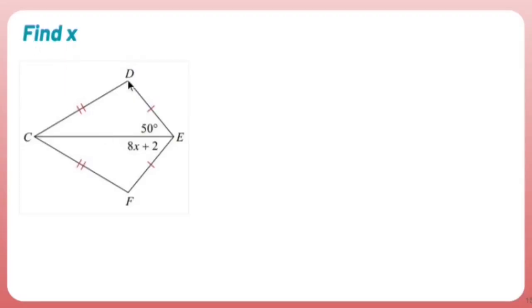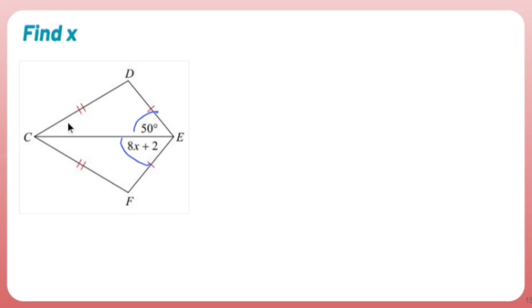Find x. What do I have? I have these two guys are congruent and these two guys are congruent. We have a kite. Now, what information am I given? I'm given 50 degrees right here and 8x plus 2. And these guys are created by taking CE, which is technically a diagonal of this kite.